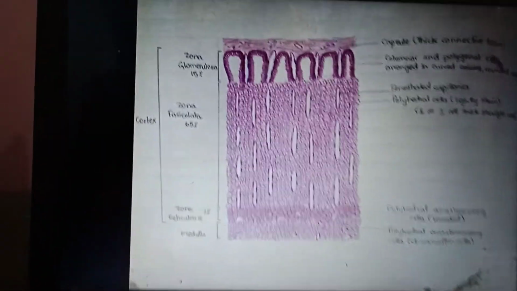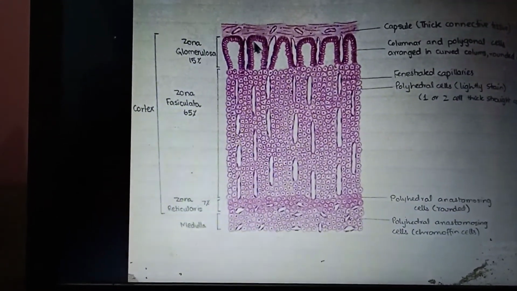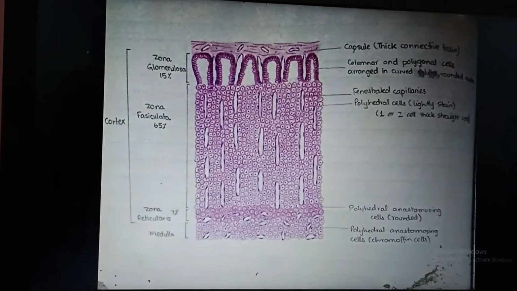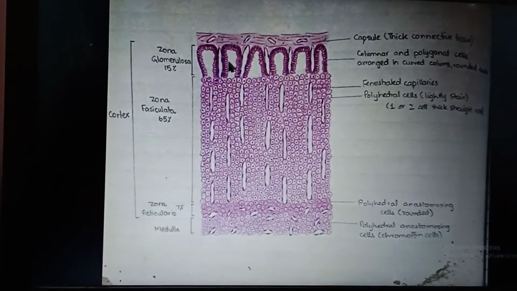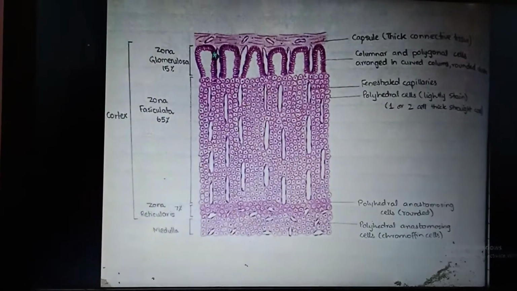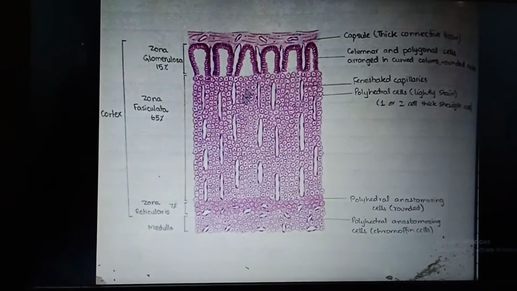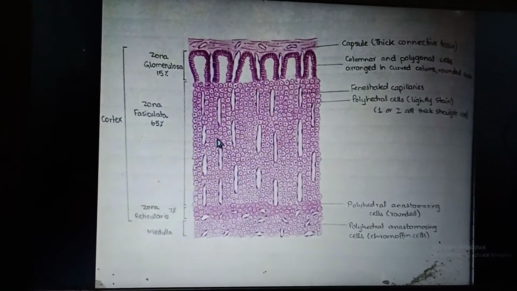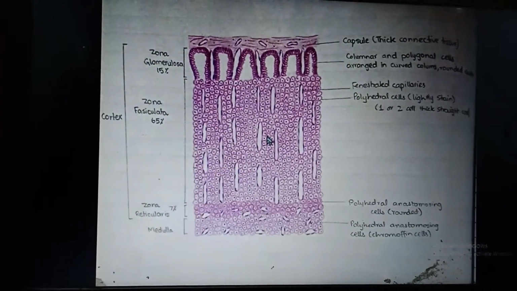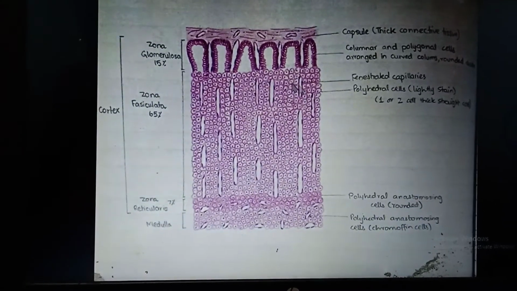Here we can see the zona glomerulosa, inverted U-shaped. These are columnar to polygonal cells, with sinusoids in between, and there are a few fat droplets within. After that comes the 2 to 3 cell layer thick, vertical rod-like zona fasciculata, which contains many fat droplets.